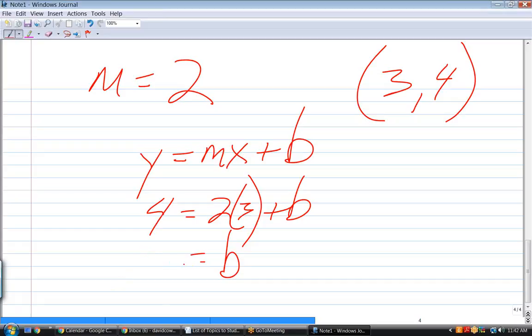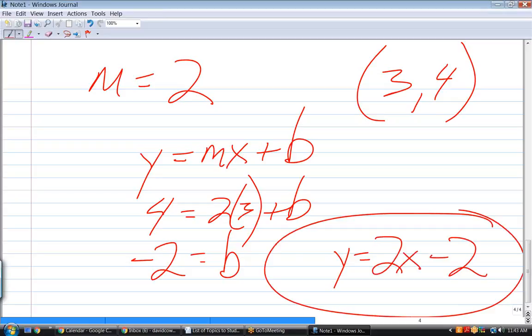You subtract 6 from both sides, so it'd be -2. What's the equation that I seek? y is equal to 2x minus 2. And that's the answer.